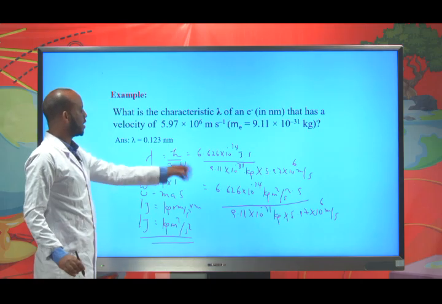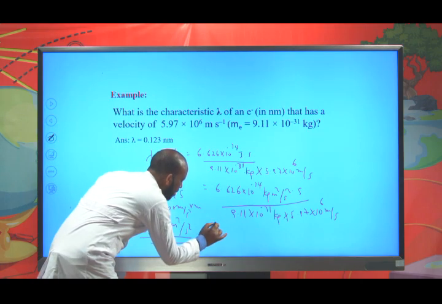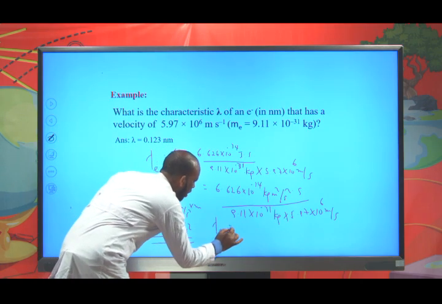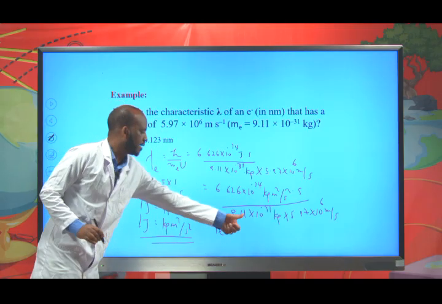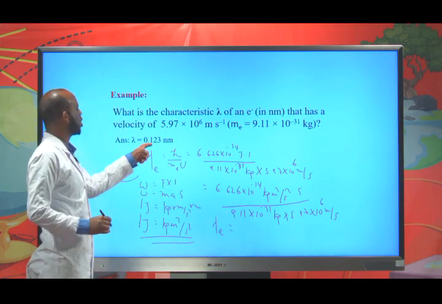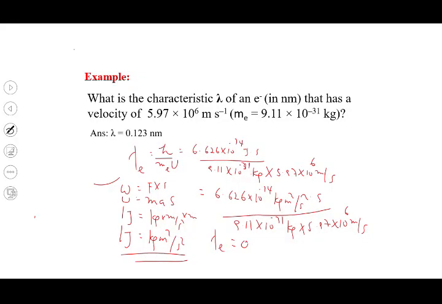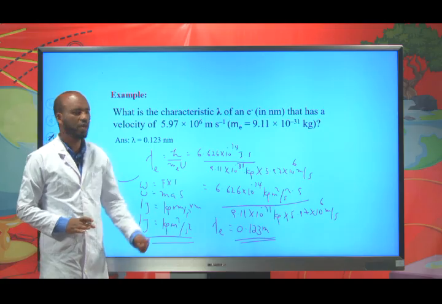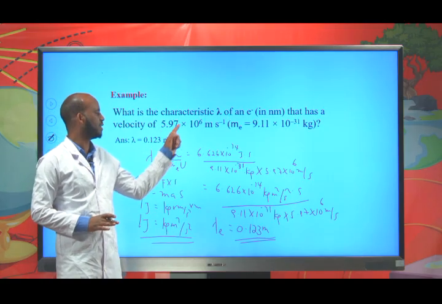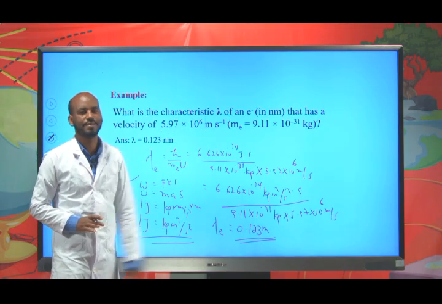Now, the wavelength of an electron, lambda of an electron, equals this divided by this, which is 0.123 meter. 0.123 meter is the wavelength of an electron having mass 9.11 times 10 to the power of minus 31 kilogram, moving with a velocity 5.97 times 10 to the power of 6 meter per second.